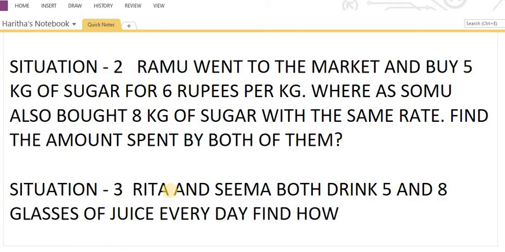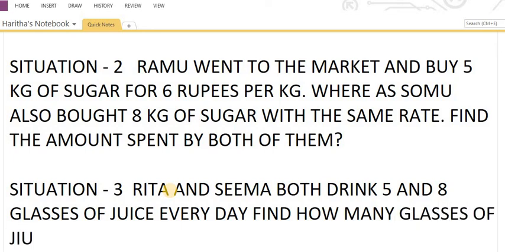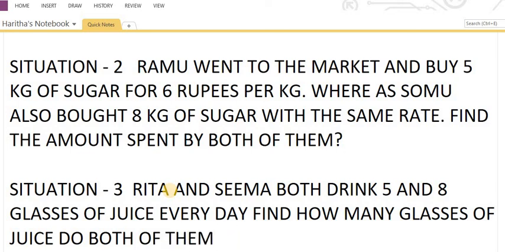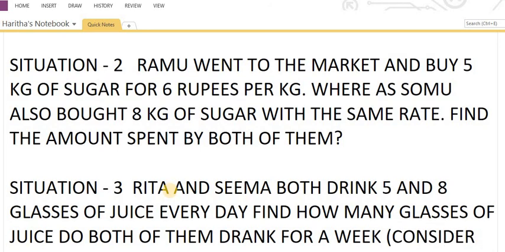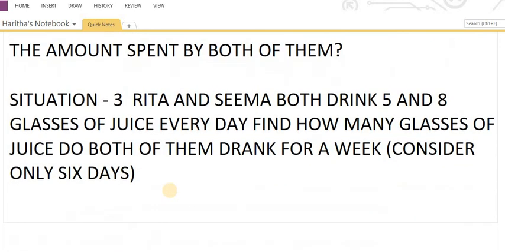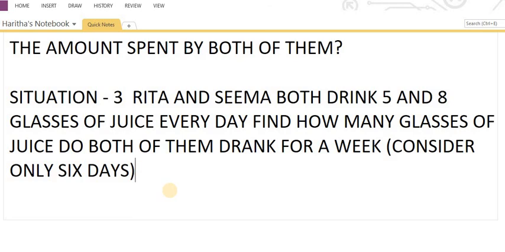Find how many glasses of juice both of them drank for a week. Here consider only 6 days. Why? Because think that on Saturday and Sunday they won't drink juice. Okay, so in this way we can go for situations.